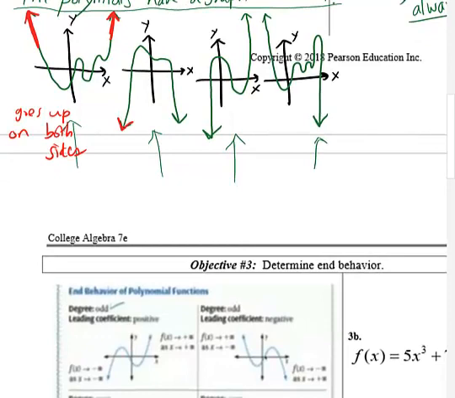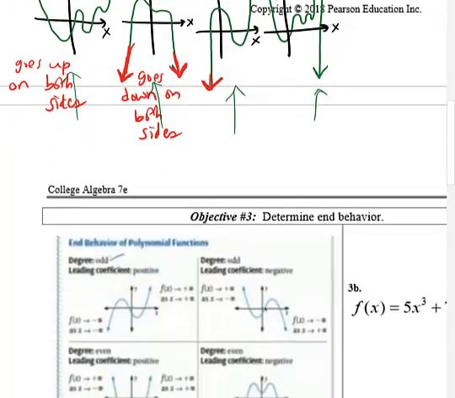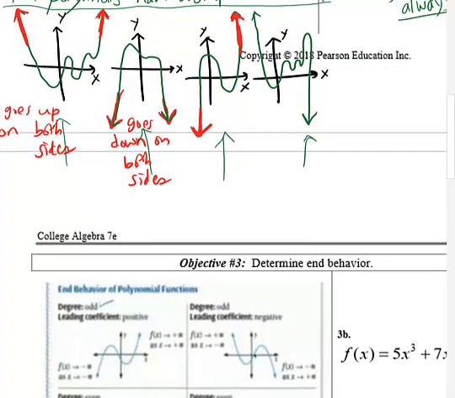The second one from the left goes down on both sides. The arrows are both pointing down. That's another possibility. The next one goes down on the left and up on the right. We mentioned the wiggles in the middle, and we do care about those, but the term end behavior only talks about what happens at the end.